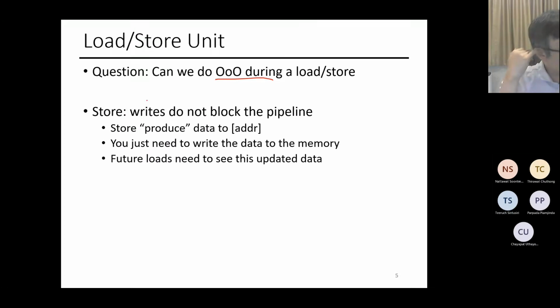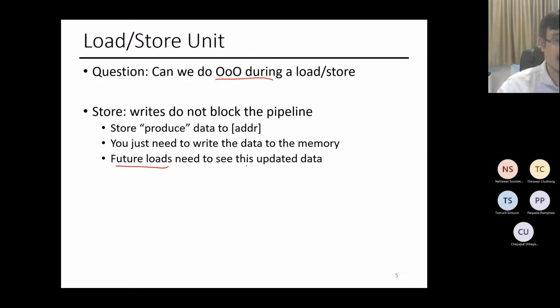One quick thing that I want to point out: my write to DRAM never blocks the pipeline because it just produces the data to the address. As long as the store buffer has the data, a future load can always check the store buffer and get the data.